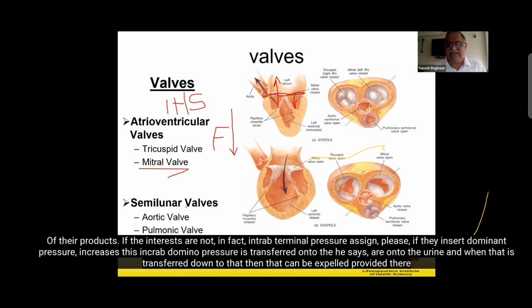If the intra-abdominal pressure increases, this intra-abdominal pressure is transferred onto the feces or onto the urine. And when that is transferred onto that, then that can be expelled provided there is an opening.